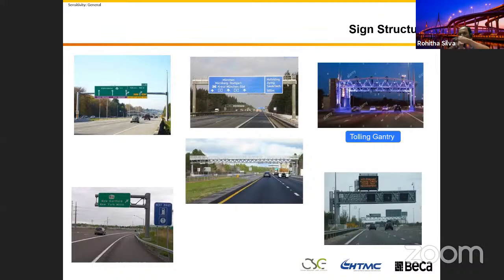People are driving underneath them all the time, right? You can have sign structures, toll gantries, portal frame kind of sign structures, or cantilever kind of sign structures. There are many types.